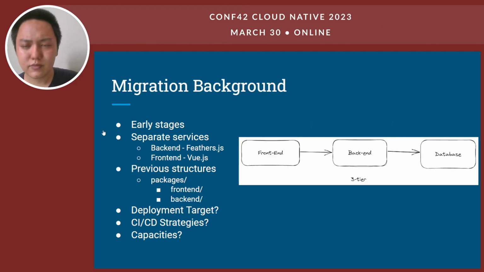So, the background: because my project is in its early stages, I do not want a complex project. I think it will be better if I have a simple service and a simple structure. My previous structure, as you can see in the image, had 3 tiers. The front end uses Vue.js, the backend uses Fastify.js, and the last is the database.